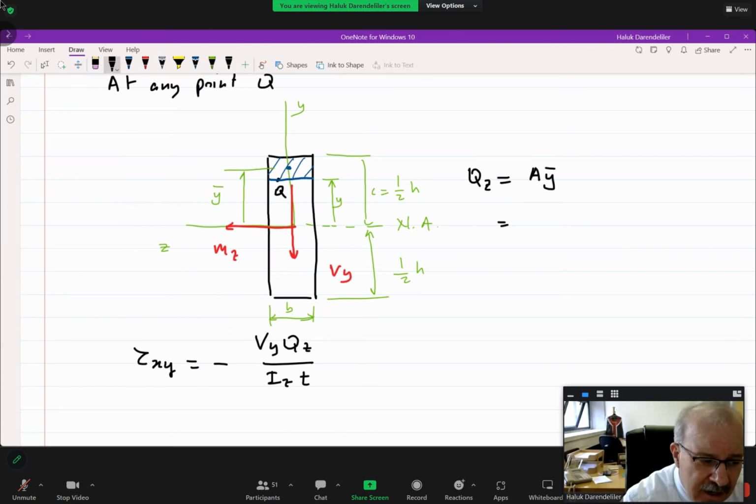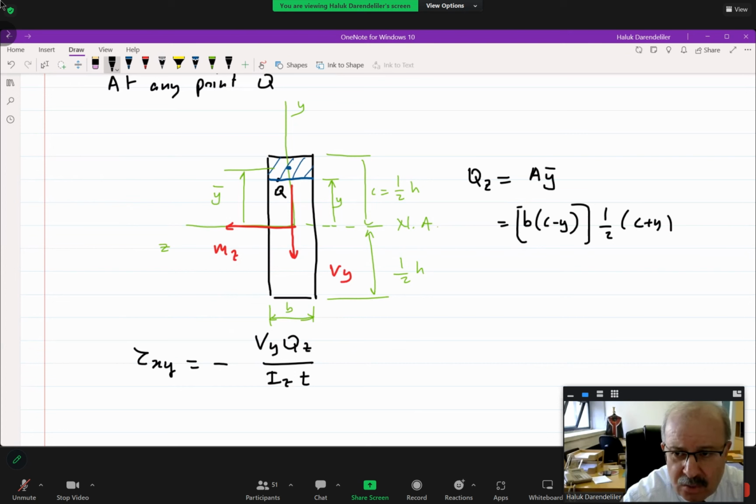Simply, area is b times (c minus y). What is y bar? Simply 1 over 2 (c plus y). You can easily verify these. As a result, Q for this area is equal to 1 over 2 b (c square minus y square).